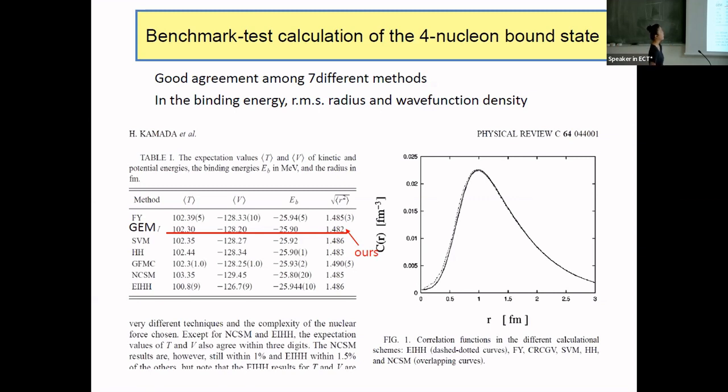This is the two-body correlation, and you can also see the solid line, which means our results are in good agreement. So in this way, even for the four-body case, we can provide a very accurate calculation. Therefore, using this method, we apply it to hydrogen-5 and hydrogen-7.